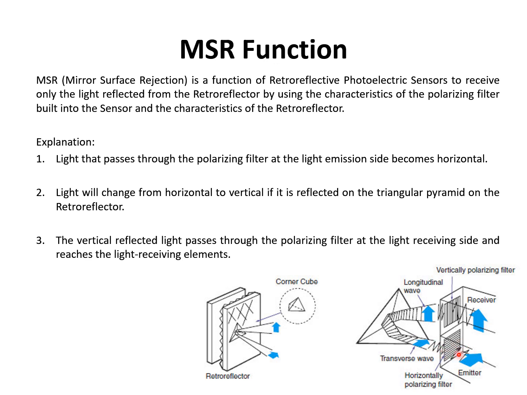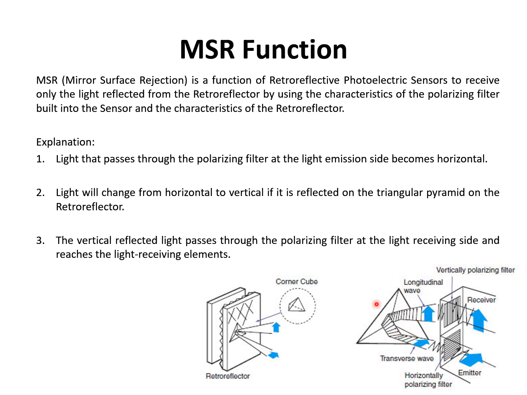We have a filter that polarizes the light horizontally, so the output will be horizontally polarized light. Light will change from horizontal to vertical if it is reflected on the triangular pyramid on the retroreflector. So we have this triangular pyramid on the retroreflector.